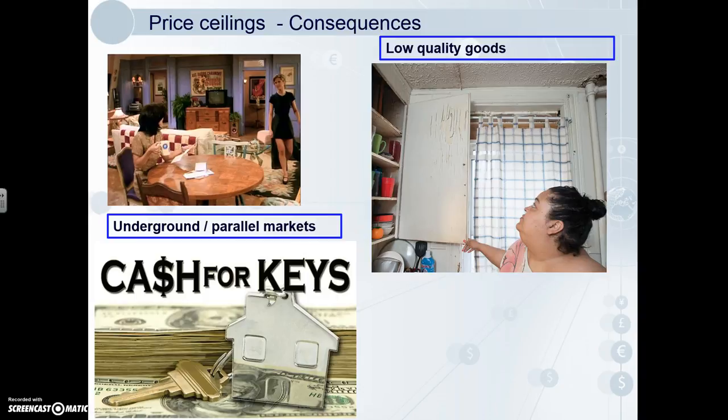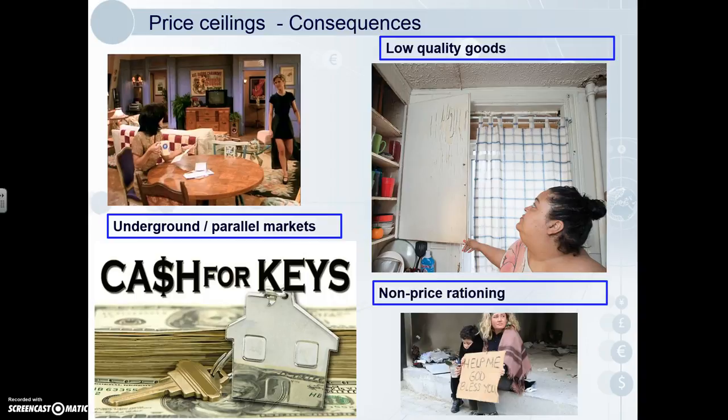However, it can lead to different forms of discrimination because the landlord has all the power here. They can discriminate perhaps based on race, gender, sexuality, children, and what it can lead to is the most vulnerable in society struggling to access the cheaper rent. So working at cross purposes with the original intent of the policy.